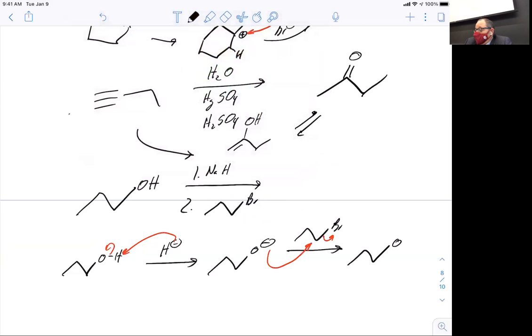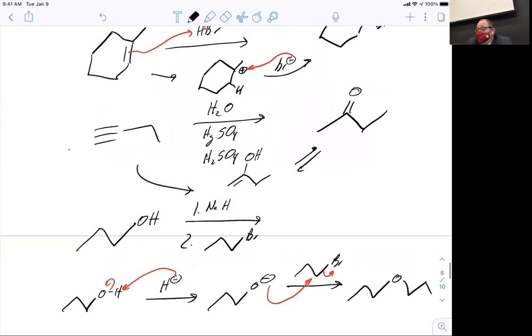And that ends up giving me the ether. And this is known as whose ether synthesis? This is the Williamson ether synthesis, right? It's Williamson. Okay. Questions about these three reactions?